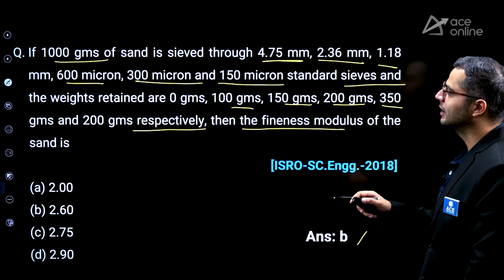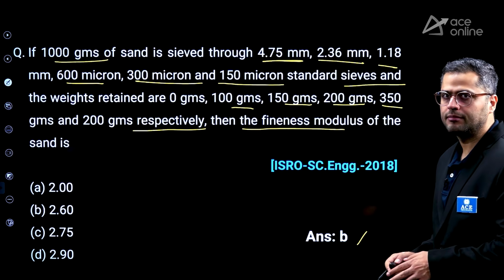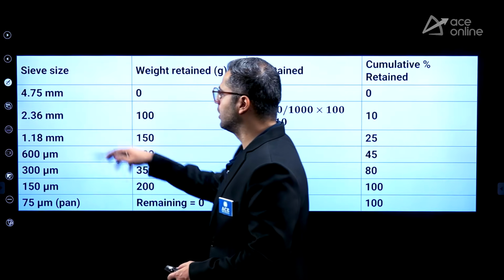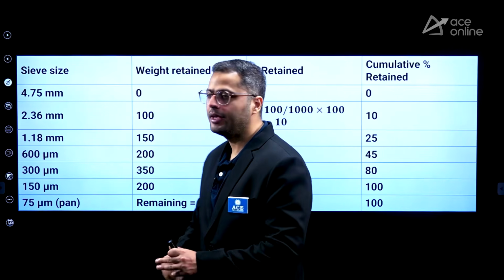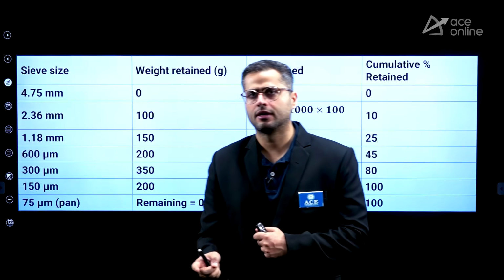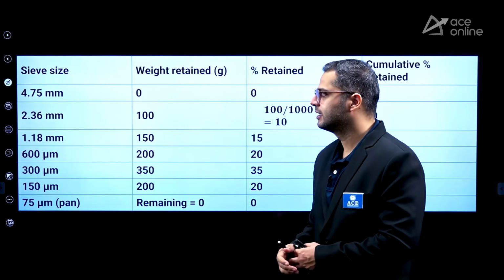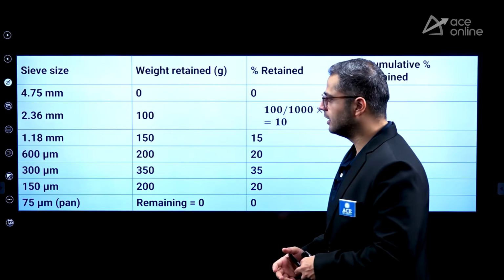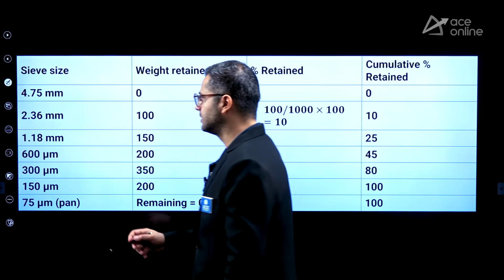So what I have done is I have made a table to save time in this. Over here I have placed all the sieve sizes. This will be very quick in your examination, right? You'll be doing that on your rough paper, but I have made this initially before starting off the session itself.